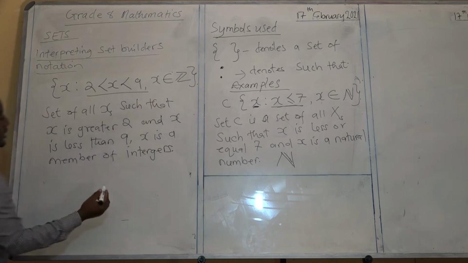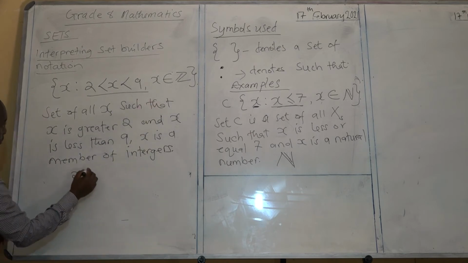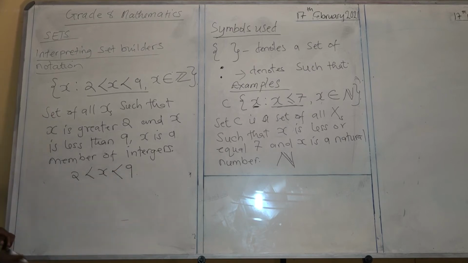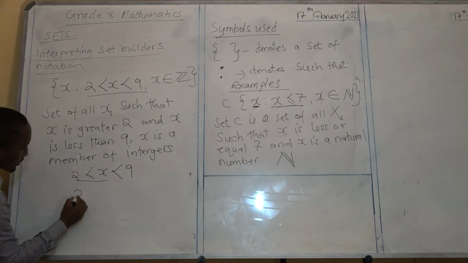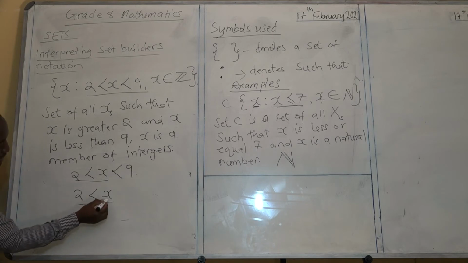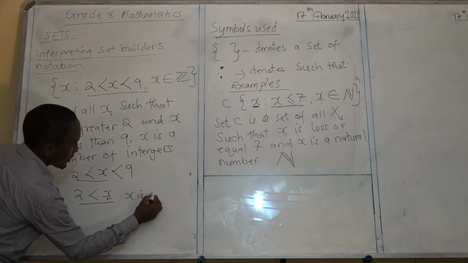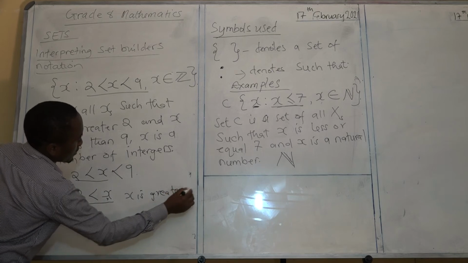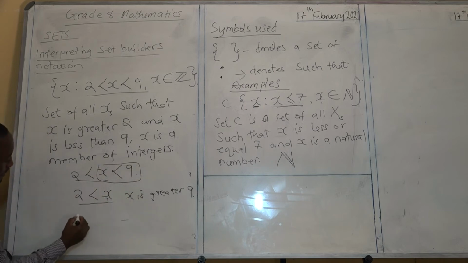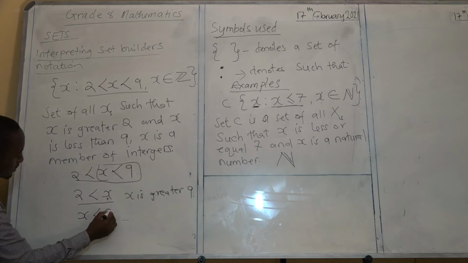Okay, so this condition which has been given here, 2 less than x and x less than 9, you can separate. So this will be 2 less than x. When I have 2 less than x, it means that this x here is greater than 2. And if I pick this, I'm going to say x less than 9.